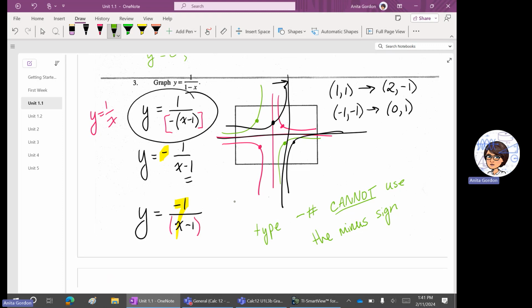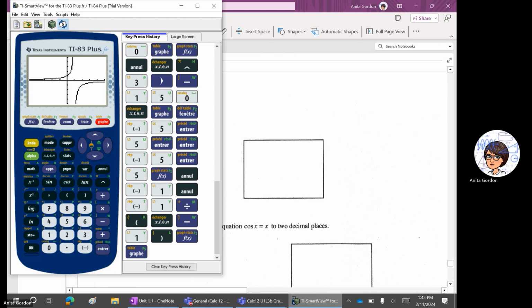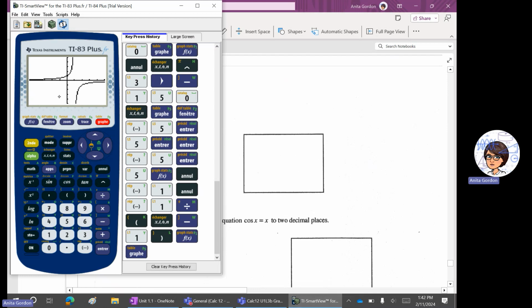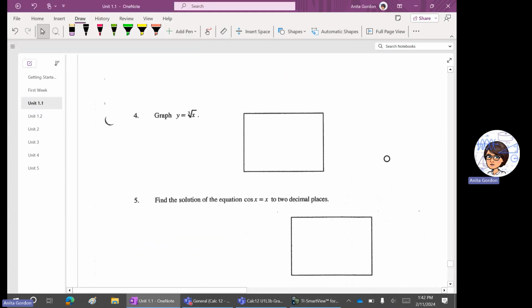So it will actually graph this, which is not the same function, right? The first one has been shifted to the right one and the second one has been shifted down one, which is not the same transformation. Okay, so here we are. We have the flipped 1/x graph shifted over to the right, which is what we were expecting.